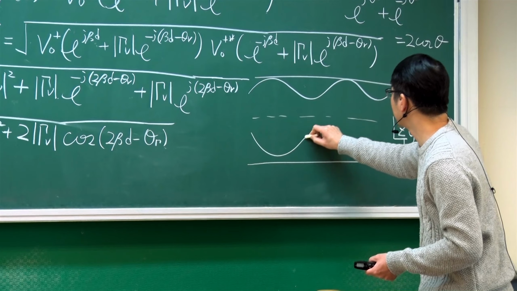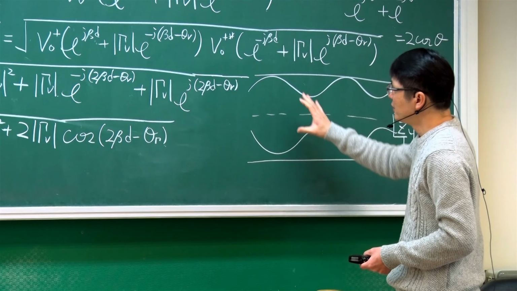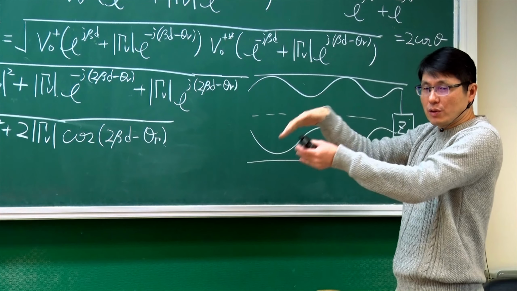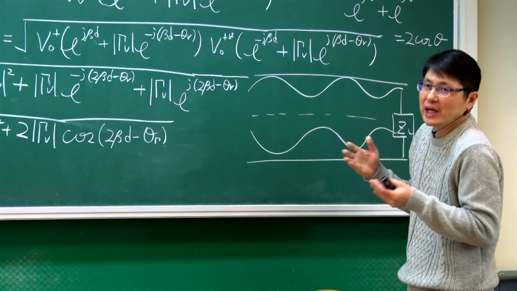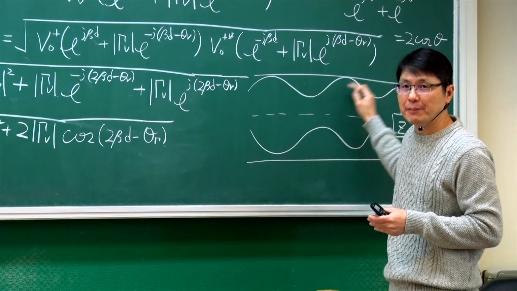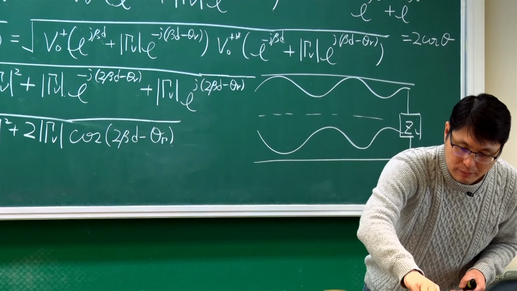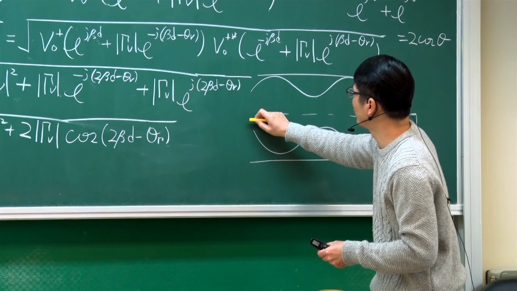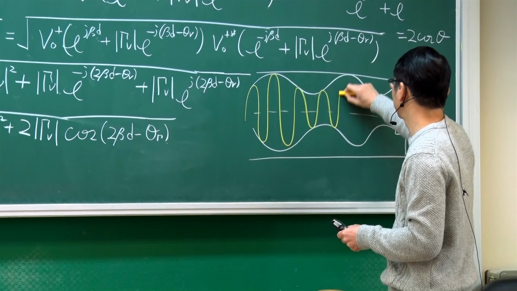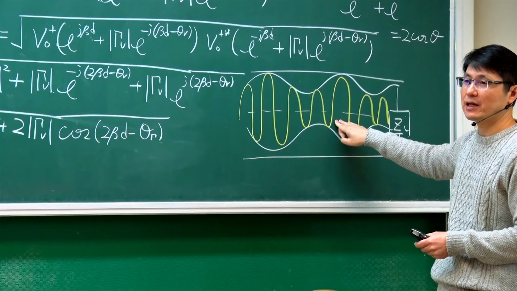What's happening is the voltage will be clamped or shaped by this standing wave amplitude. For example, your voltage is represented by the yellow stuff.